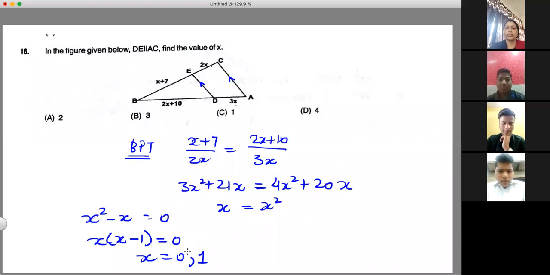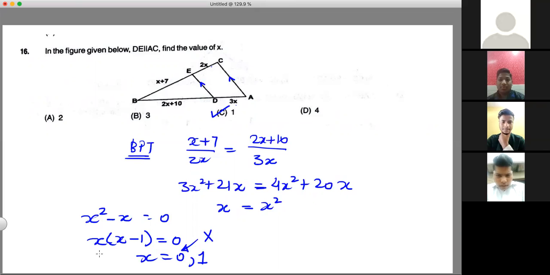So 0 is not a valid value. So the valid value is 1. Since lengths cannot be 0, it will make no sense. This will collapse into one triangle. And hence only 1 is the valid value.